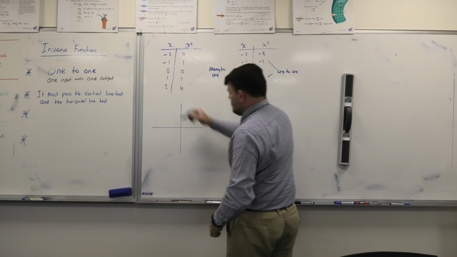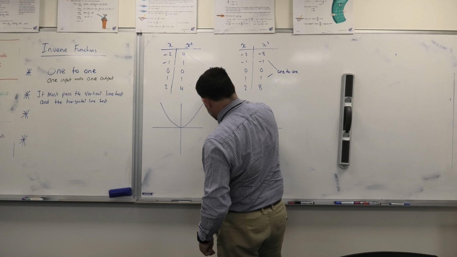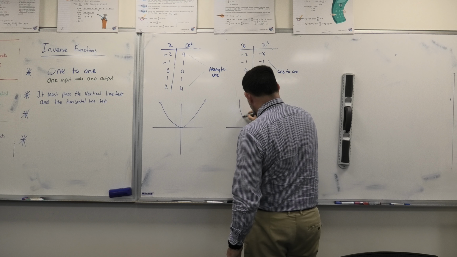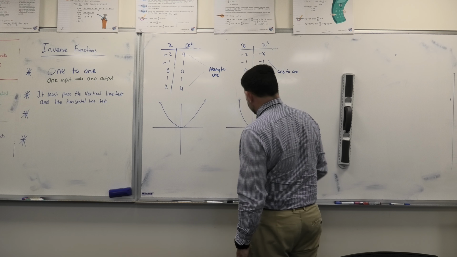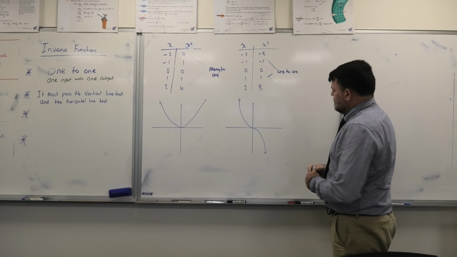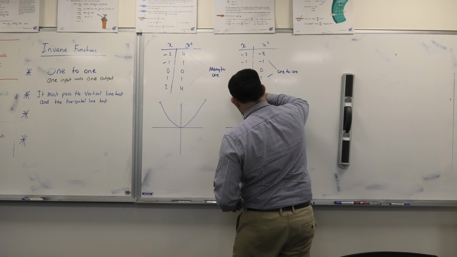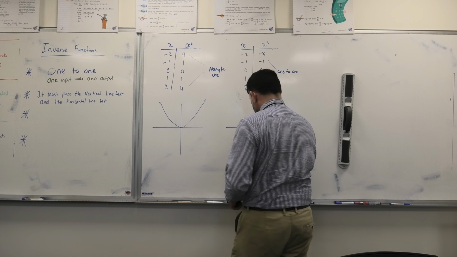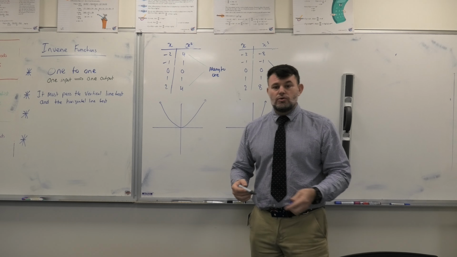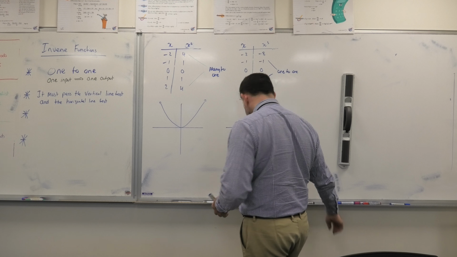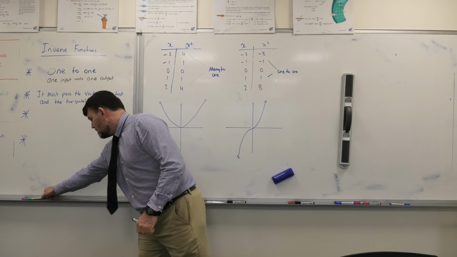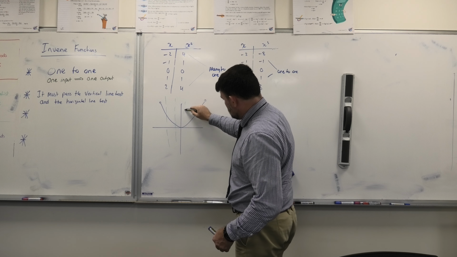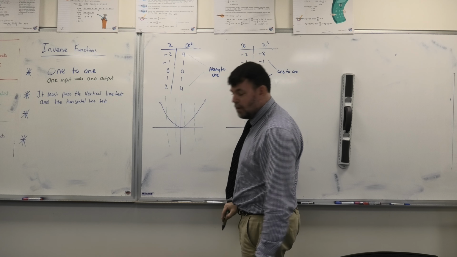If we sketch x squared just in its basic form, and then x cubed, we can test the vertical and horizontal line tests on these. The x squared graph would pass the vertical line test because it doesn't cross any value more than once.